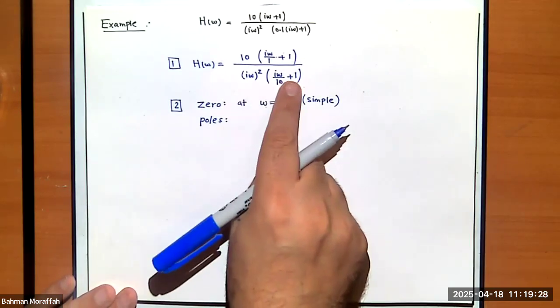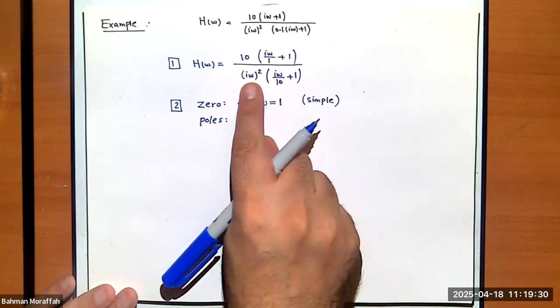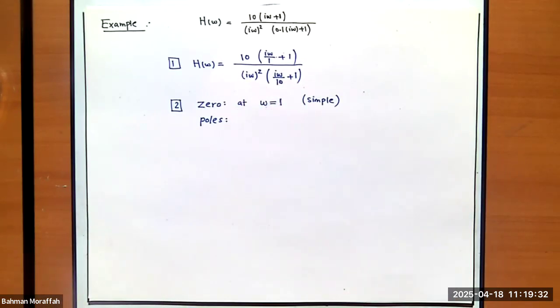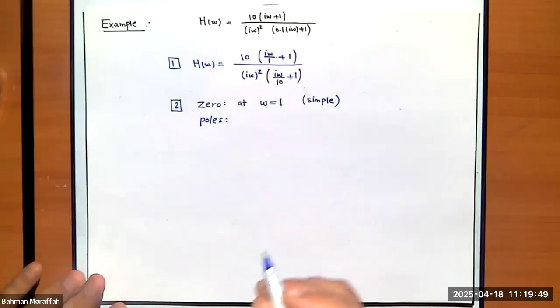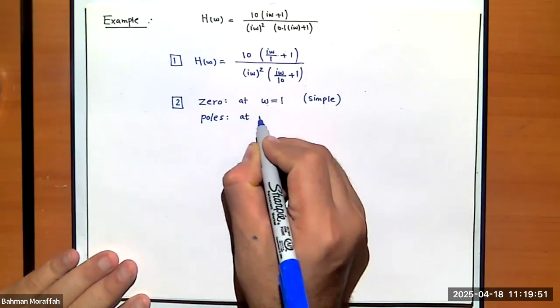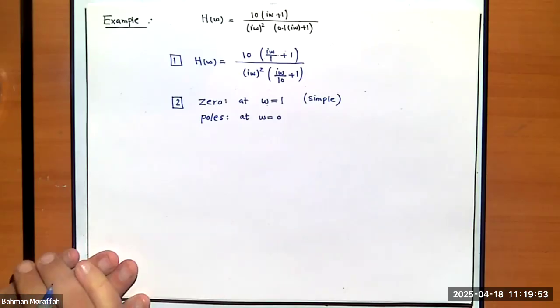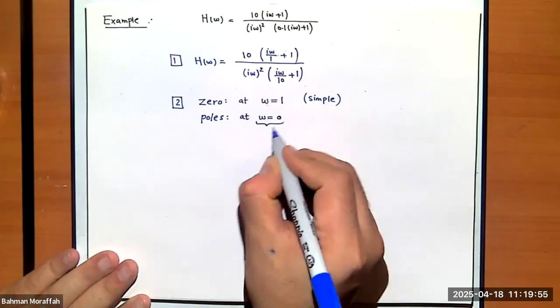I have two poles. I know 1 over (i omega) squared is a pole that's happening at the origin. But since the power of it is 2, it is a second-order pole at the origin. Right? So I have poles at omega equals 0 that are second order.